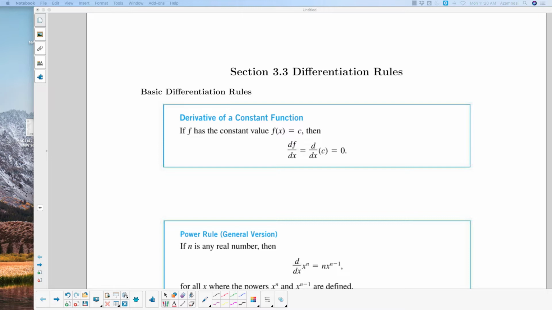But today we are going to start section 3.3, which is differentiation rules. We're not going to go all the way through, so we'll finish up 3.3 and work on 3.4 on Thursday.